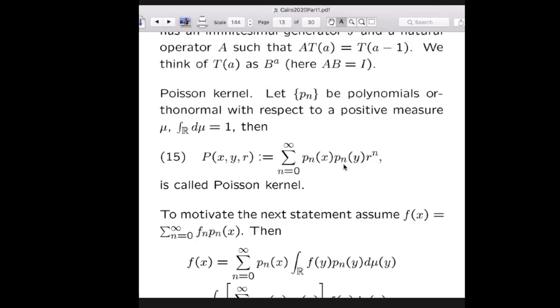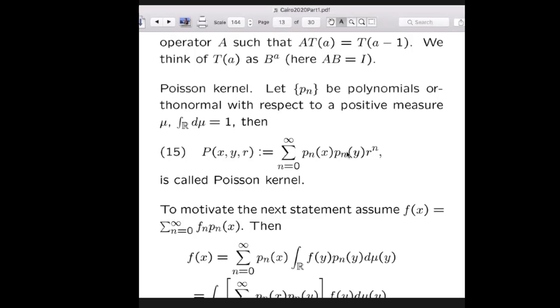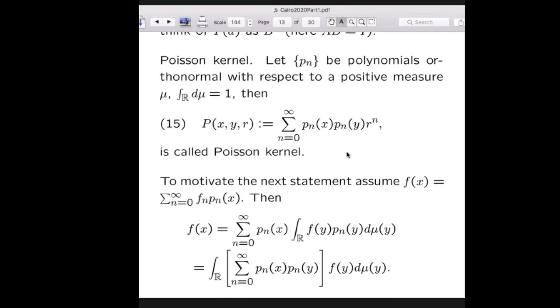Beforehand, we don't know where it converges or what happens. But normally this converges when x and y are in the support of mu, and when r is less than 1 in modulus. So if |r| is less than 1, and x and y are in the support of mu, this converges. Okay, to motivate the next statement, I want to do a formal calculation.